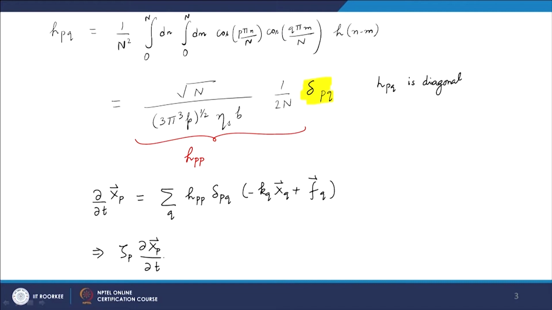Of course, there are certain approximations in the actual derivation, but the final answer looks the same as the Rouse model, where zeta_p now however is 1 by H_pp.